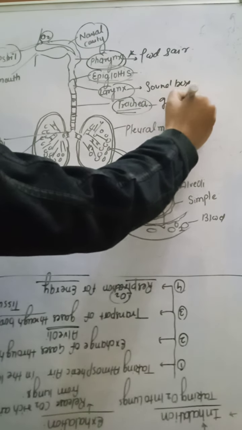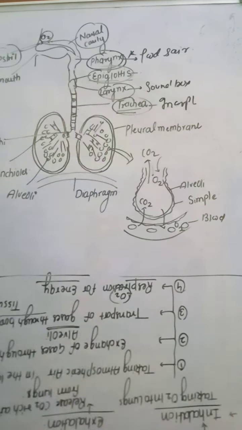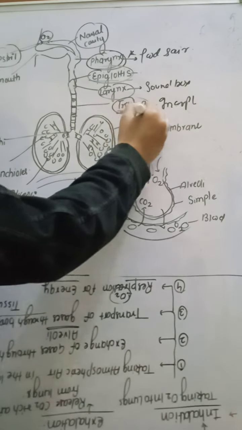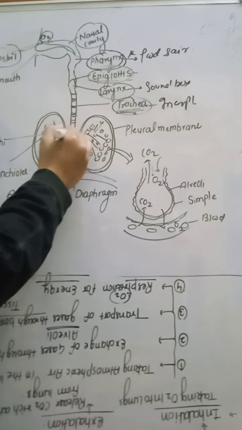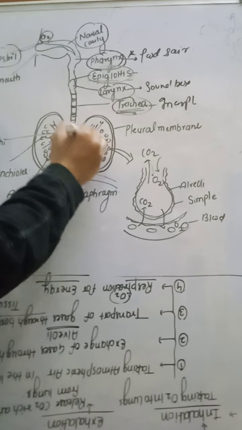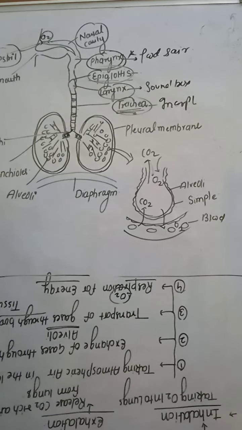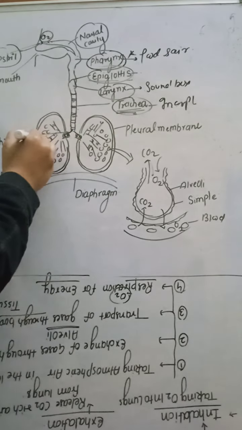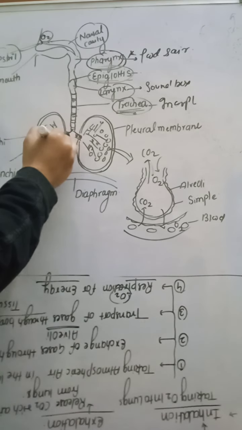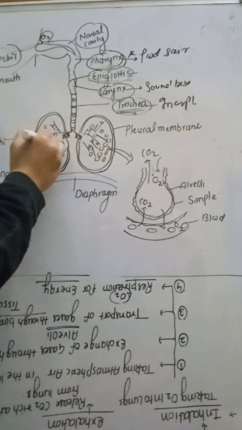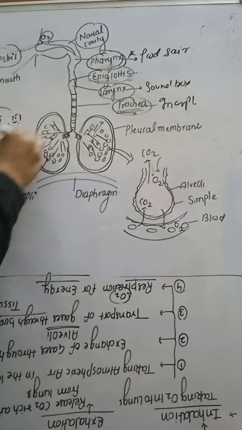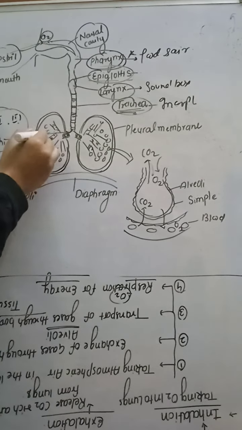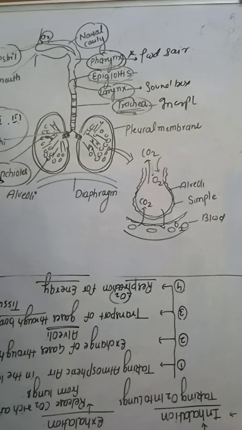The trachea is divided into bronchi and bronchioles, which also contain cartilage. The bronchi have primary, secondary and tertiary divisions, and the terminal one is called the bronchiole.